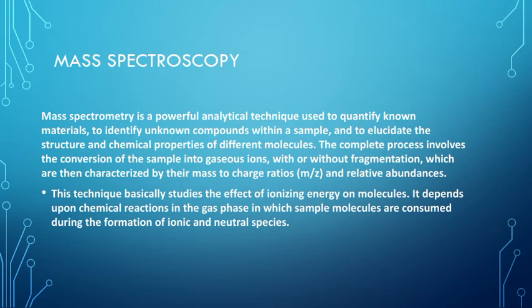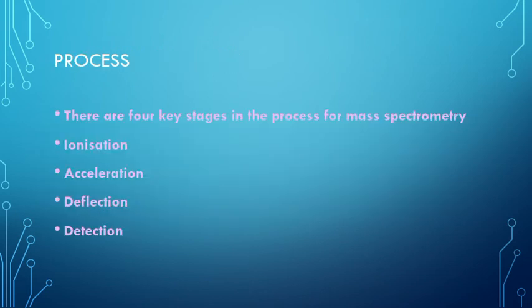The complete process involves the conversion of sample into gaseous ions with or without fragmentation, which are then characterized by their mass to charge ratio and relative abundance. This technique basically studies the effect of ionizing energy on molecules. It depends upon chemical reactions in the gas phase in which sample molecules are consumed during the formation of ionic and neutral species.